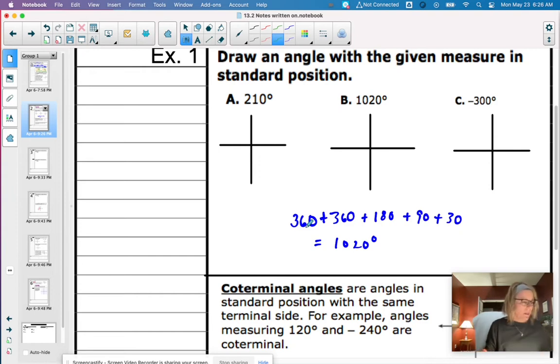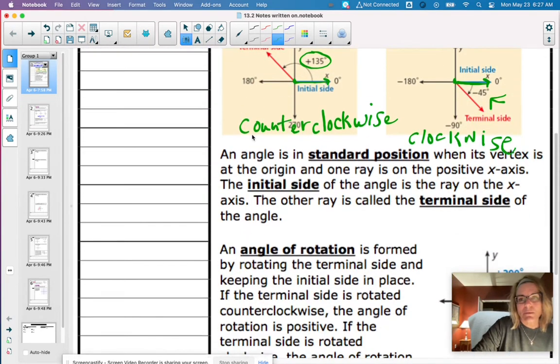Number 1, draw an angle with the given measure in standard position. When we talk about standard position, remember, like we said on the last page, an angle is in standard position when its vertex is at the origin and one ray is on the positive x-axis.